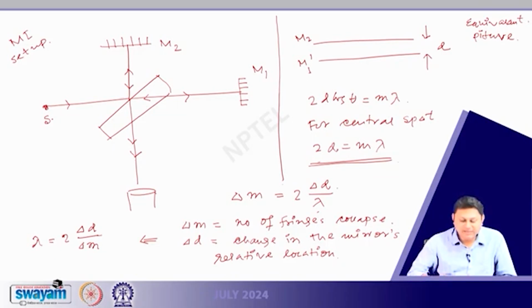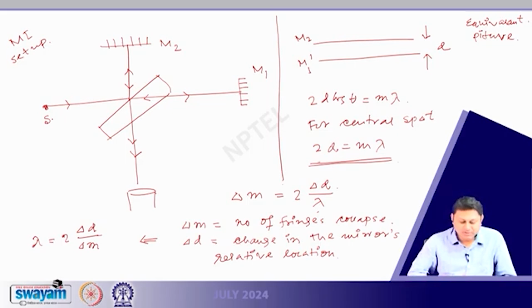In the central fringes, somewhere it is collapsed. So, if I find the number of collapses with the change of the relative distance of M1 and M2, through this simple formula we can calculate the unknown wavelength.